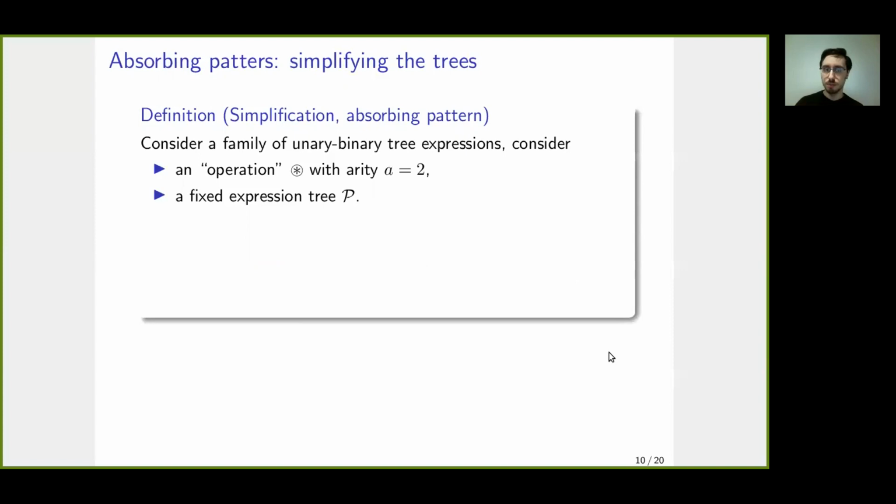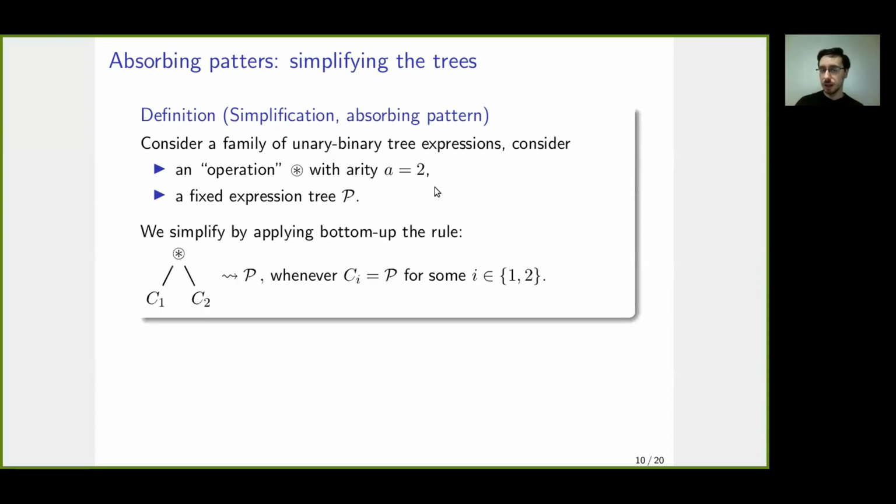Now, for the simplification procedure, the absorbing pattern, we must fix an operator, circle star, which is going to be our absorbing operator, and it must be of arity 2. Then we fix an expression tree P, which is going to be an absorbing pattern. And the simplification works bottom up, so it's from the leaves, and we work the way up.